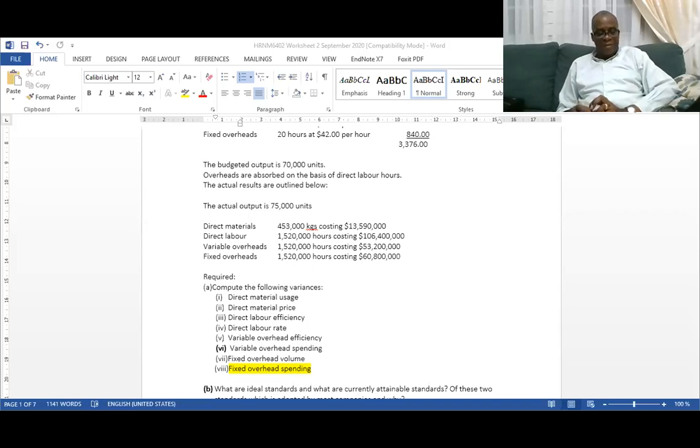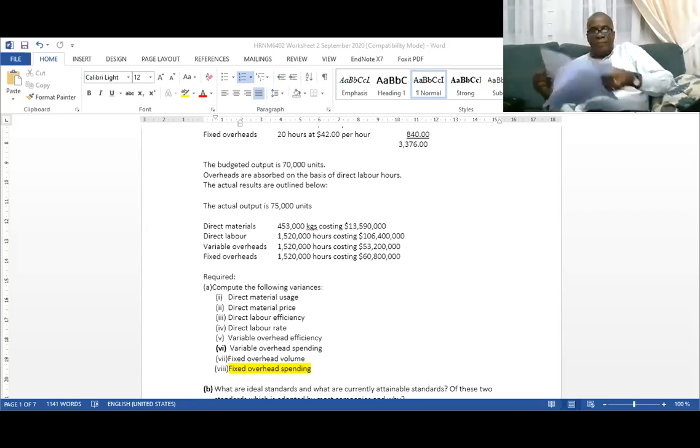Okay, having said that, let's just go to the old one and look at it. We're looking at the fixed overhead spending variance, and I think, who was it who was about to advance a formula? I heard a student starting to advance the formula.